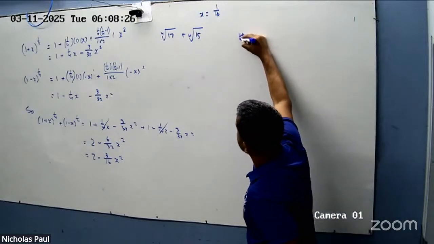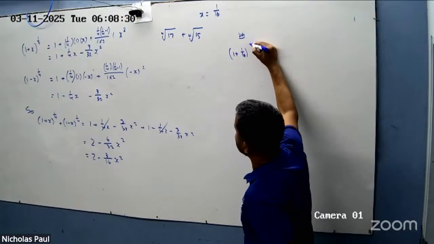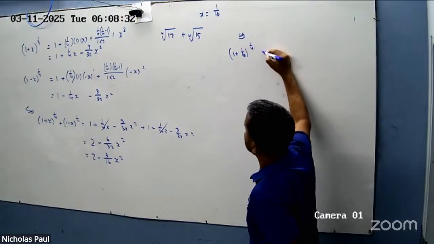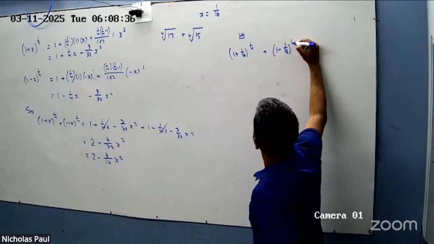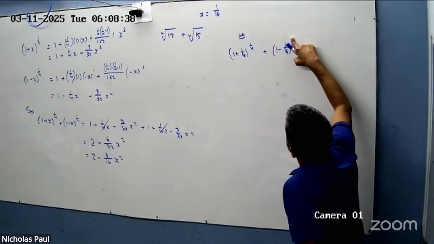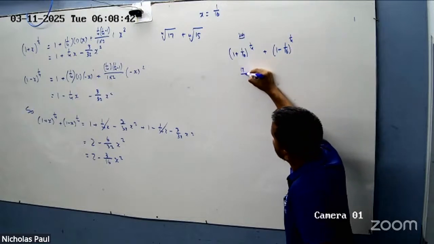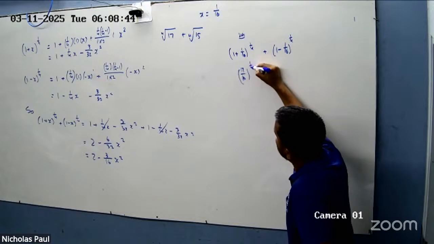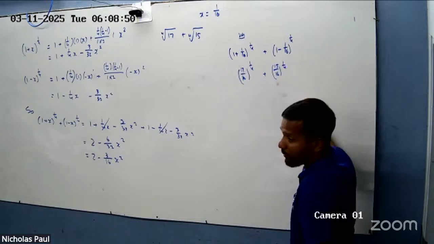You're done? Right. Where did you get? The left-hand side is 1 plus 1 on 16 to the power of a quarter plus 1 minus 1 on 16 to the power of a quarter. When you simplify this it will be 17 on 16 to the power of quarter. This will be 15 on 16 to the power of quarter.